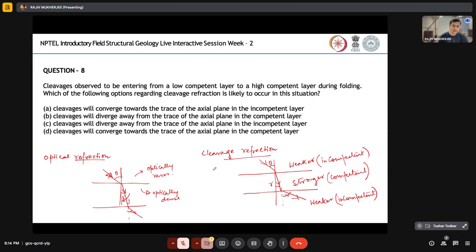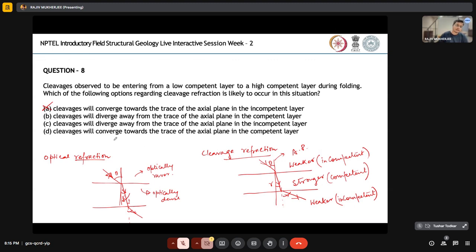So this follows. Option A tells cleavages will converge towards the trace of the axial plane in the incompetent layer. Obviously, no, it will diverge away. So option A is not correct. This is the trace of the axial plane, right? Option B, cleavages will diverge away from the trace of the axial plane in the competent layer.